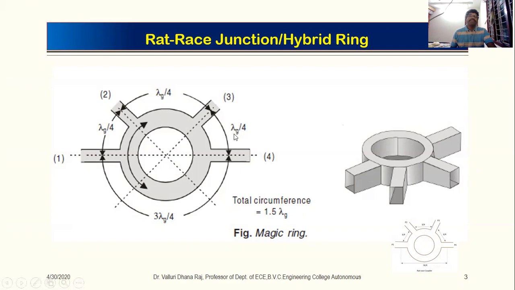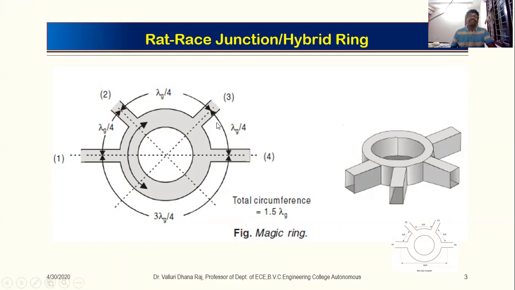Means 3 lambda g plus lambda g by 4, it is equivalent to lambda g plus lambda g by 4. Means 5 lambda g by 4 is the path difference between port 1 and port 2 in the anti-clockwise direction and in the clockwise direction.